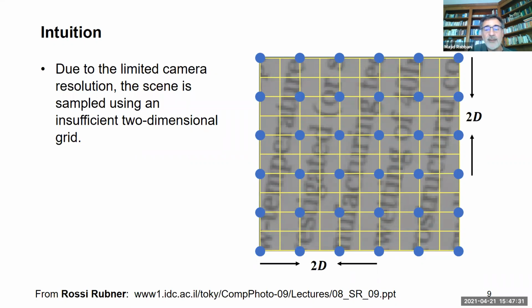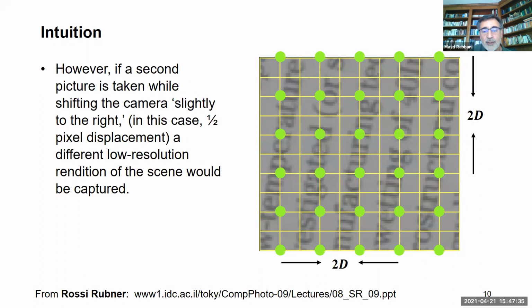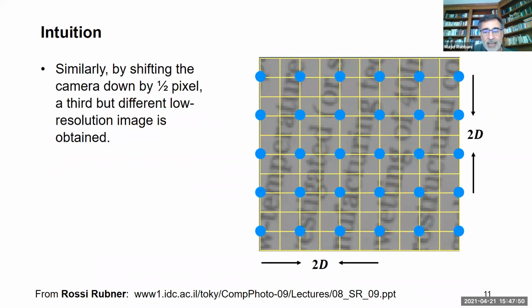But now suppose that I had a perfect setting and I moved my camera to the right by exactly half a pixel. And then I took another picture. Then I moved my camera, in a very controllable setting, down by exactly half a pixel and took another picture.